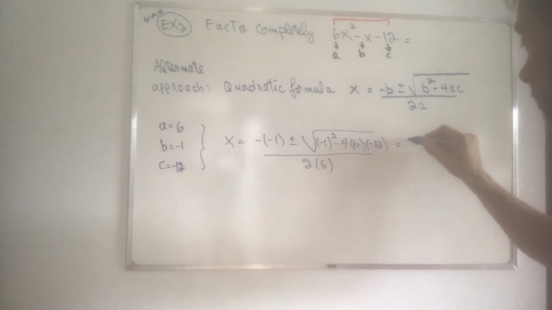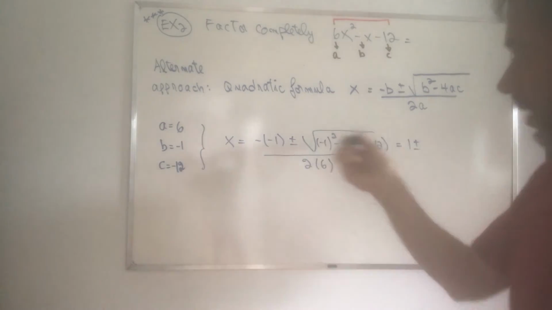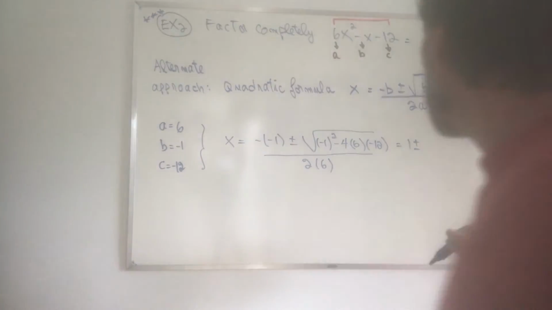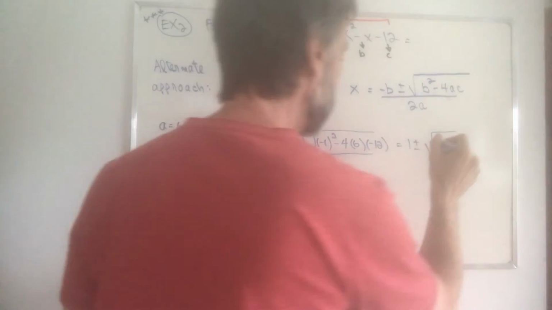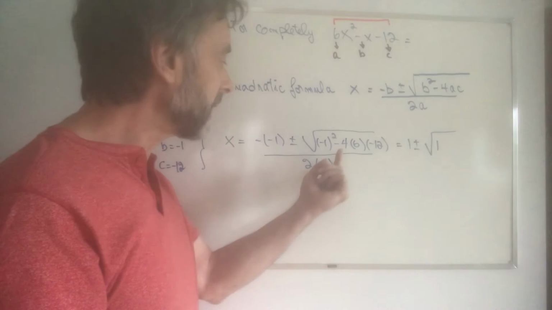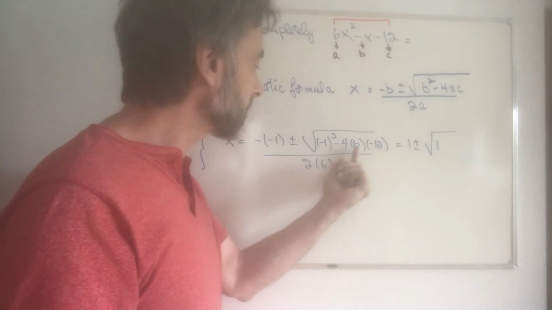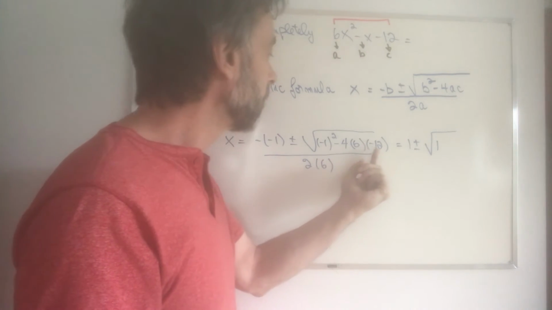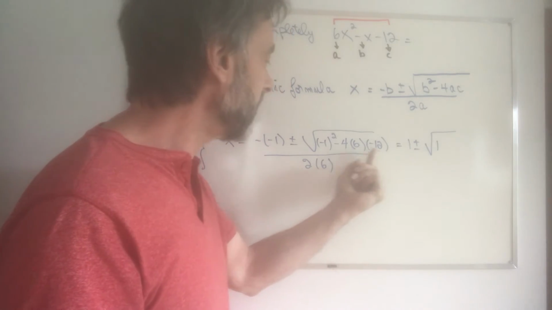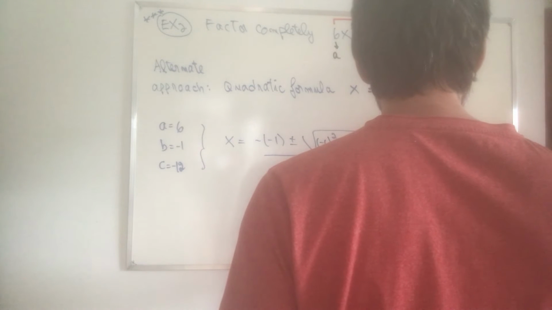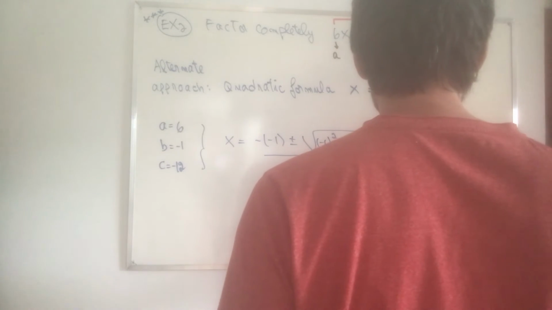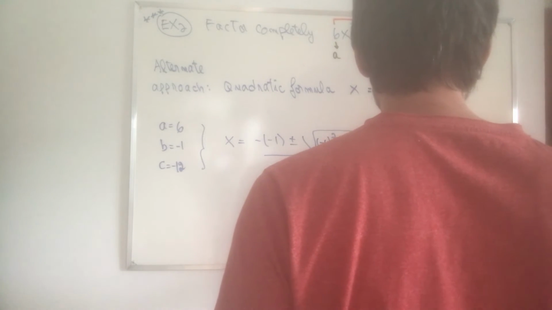Well, minus minus 1 is 1, plus or minus. We have to be careful and do that in order. So first the square, minus 1 squared is 1. And then the multiplications. 4 times 6 is 24. 24 times 12 is 288. And a plus and a plus, that's plus 288. Divided by 12.